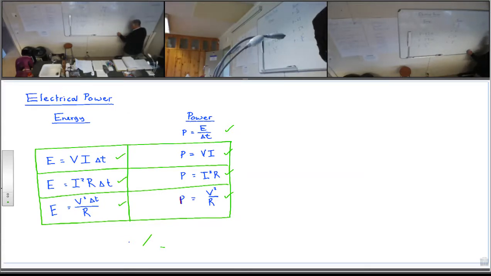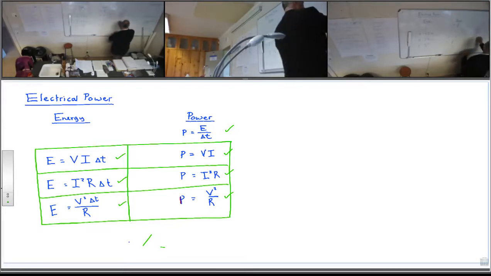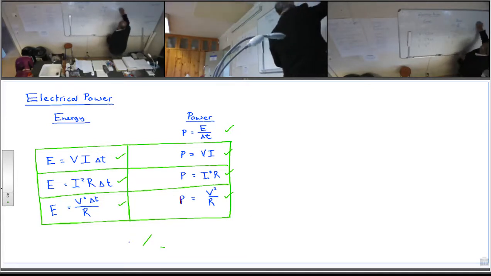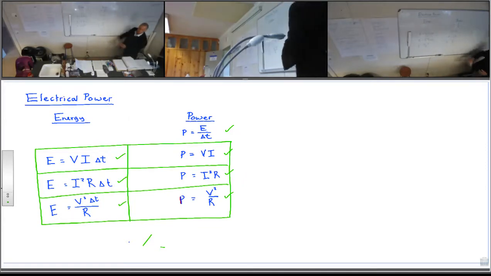Okay, start taking down this example. I'll dictate it to you. Start writing. Example. You are looking to purchase a kettle. Write down.